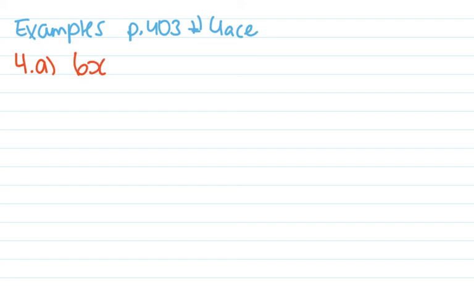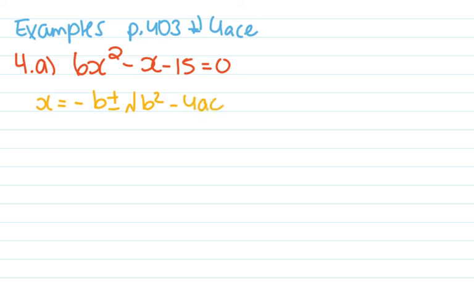So 6x squared minus x minus 15 equals 0. So I'm going to first start by writing out the quadratic formula. So that's x equals negative b plus or minus the square root of b squared minus 4ac divided by 2a.